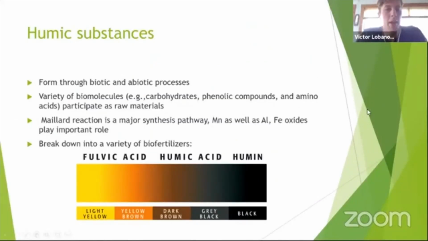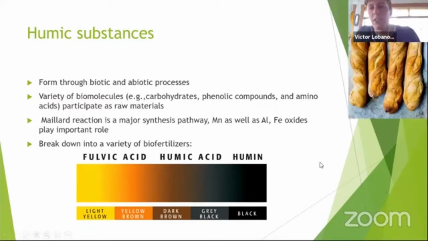And there are also some of those compounds, when they go into the water column or into soil, they become humic substances, which is a very general term for a variety of compounds formed through biotic and abiotic processes. Interestingly enough, they are largely formed through the Maillard reaction, which is the same reaction that turns your bread brown when you cook it.